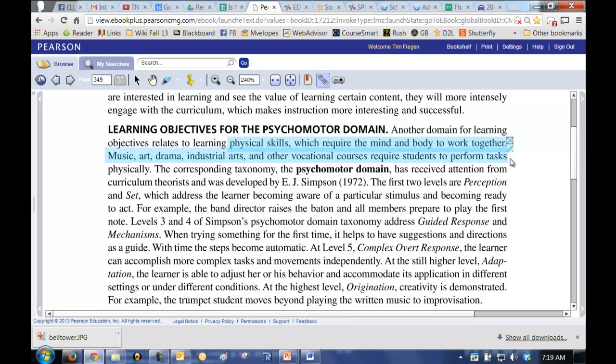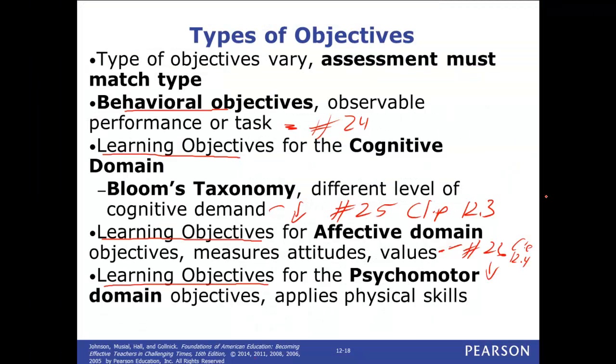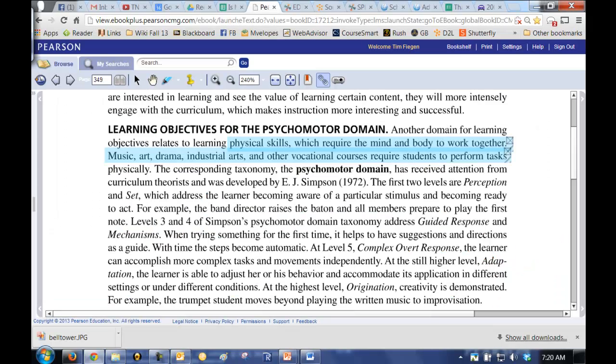At the end of this, you have to physically do something. And so that's all you have to do here: talk about who is interested, this is number 27, I'm sorry. The music, art, drama, industrial arts, and other vocational courses are interested in psychomotor.